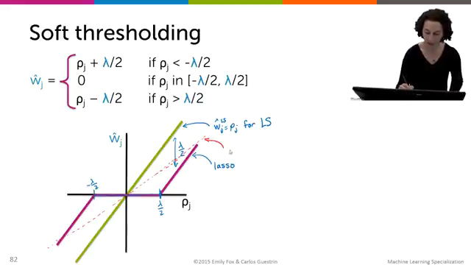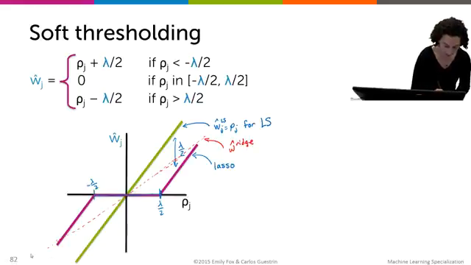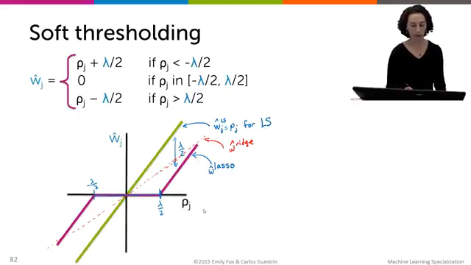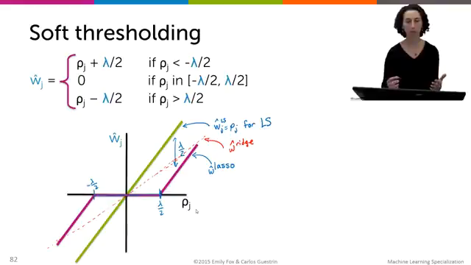So this is the line W hat ridge, and let me just write that this is W hat lasso. Okay, so here we get a very clear visualization of the difference between least squares, ridge, and lasso.